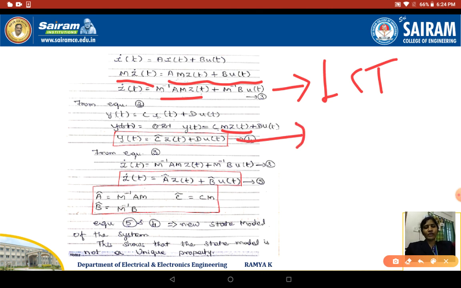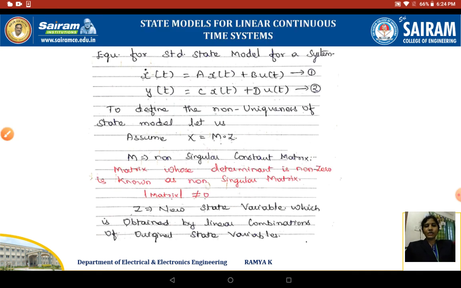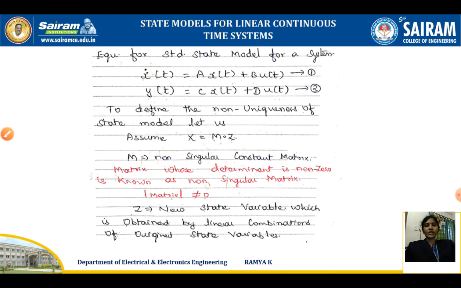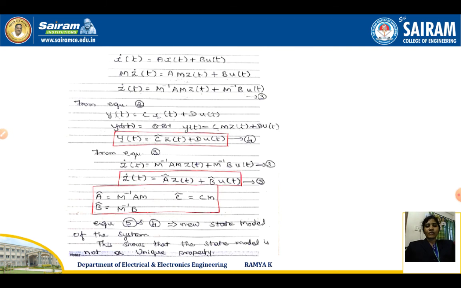From the modified state equation and modified output equation, we can write A bar equals M inverse AM, B bar equals M inverse B, and C bar equals C into M. This is the modified form of the state equation required for the analysis of state models in linear continuous time systems. Thank you, students.